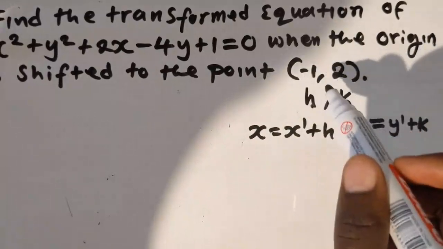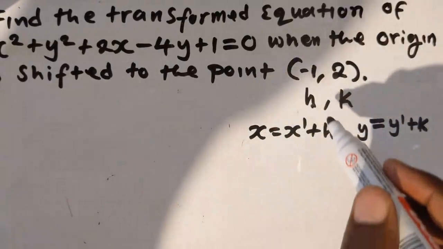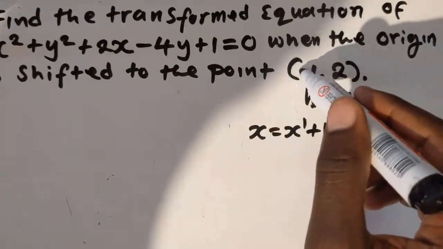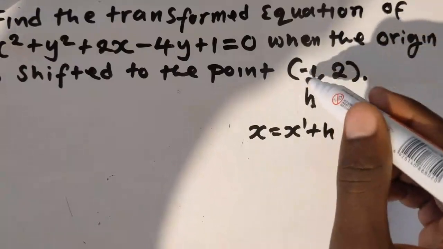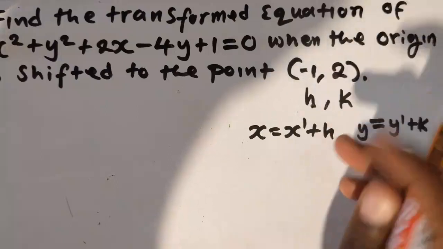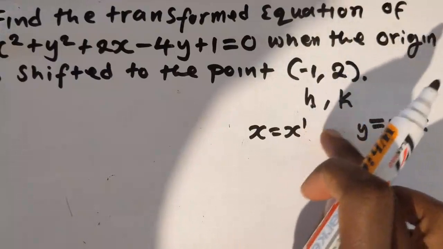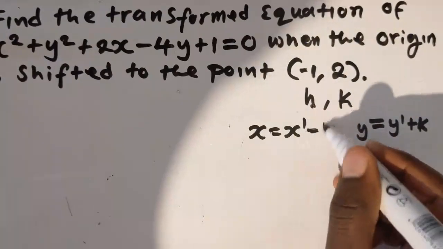We have been given this point, meaning that this is the equation that we are going to use. In this case, h is negative 1, meaning that we are going to remove this h and put negative 1.